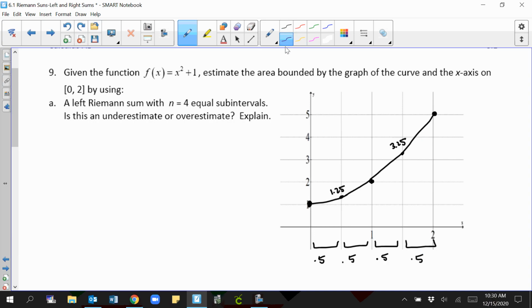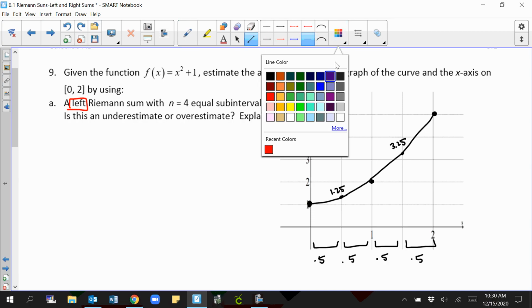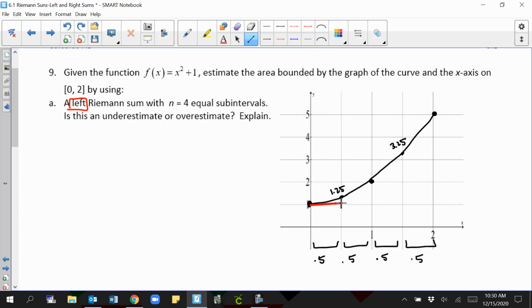And we are using a left Riemann sum, which means that our rectangles are going to go from our left endpoints over. So from the left points over.